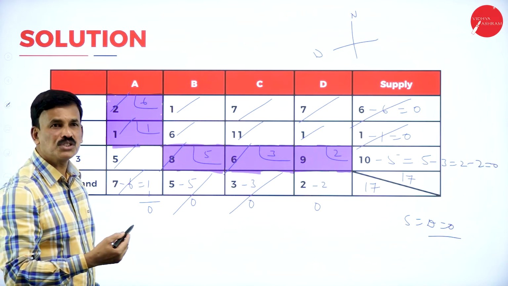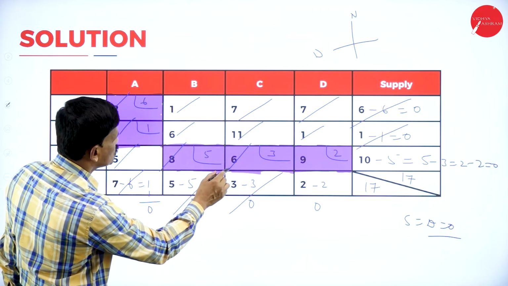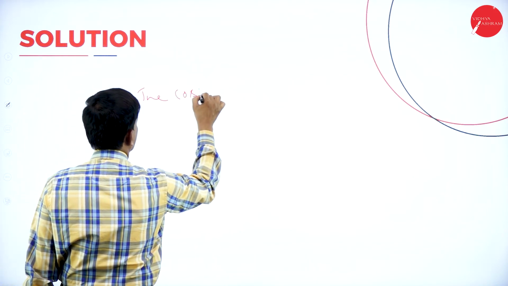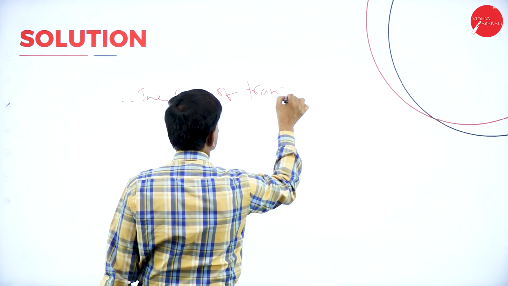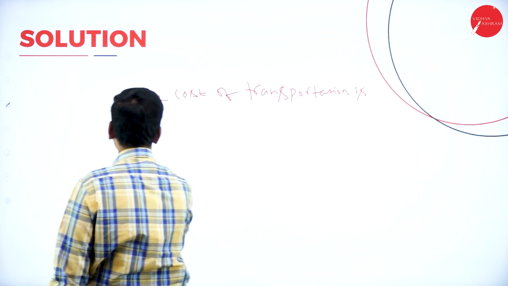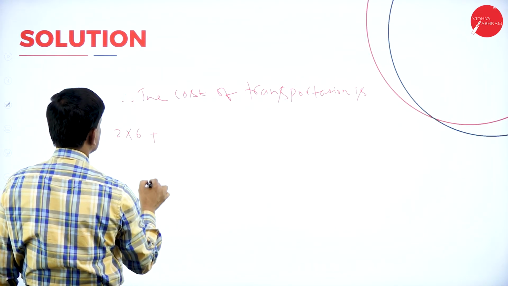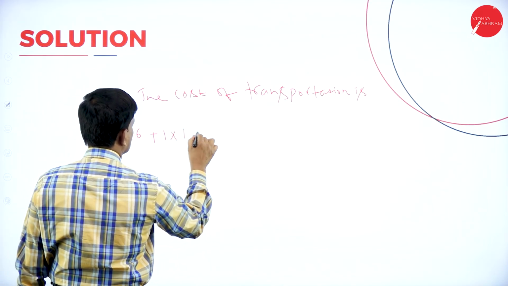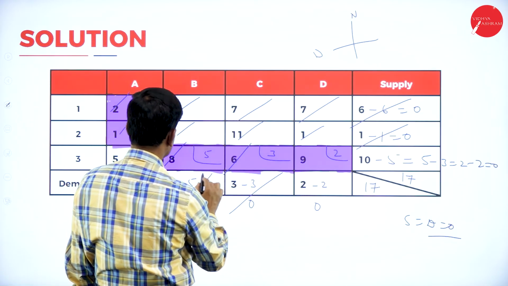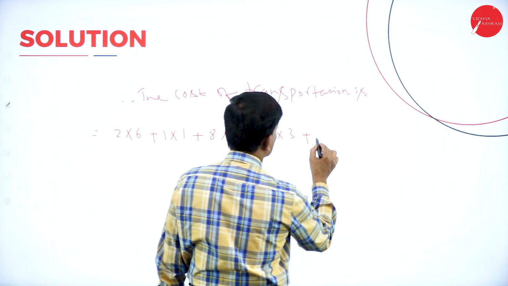Now the cost of the transportation is given by 2 into 6 plus 1 into 1 plus 8 into 5 plus 6 into 3 plus 9 into 2.